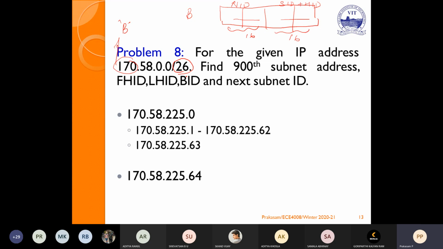Slash 26 indicates that 26 bits are allocated for network plus subnet. That is the mask. So out of the last 16, we allocate 10 for the subnet and only 6 for the host. So the subnet mask is 8, 8, 8 plus 2.